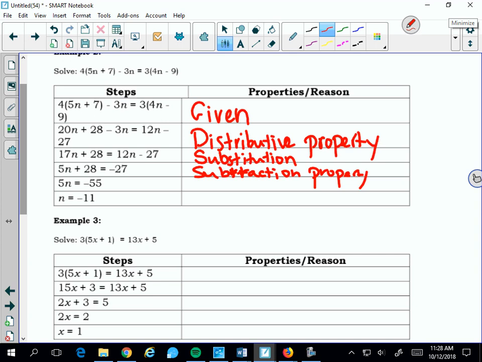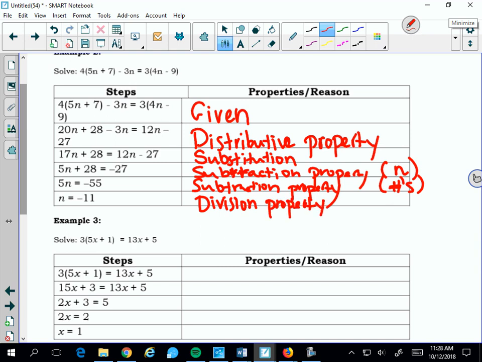And then I actually use the subtraction property again. I'll give you a hint on that one. My subtraction here happened with my n, and my subtraction here happened with my numbers, my constants. And then my final step I get there because of the division property.